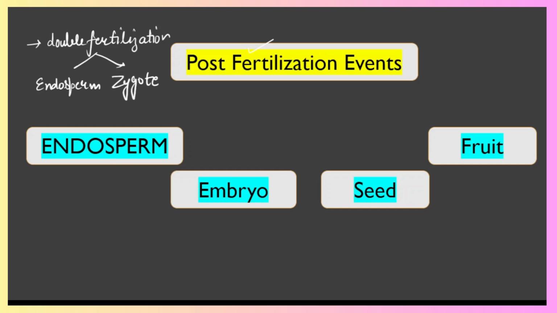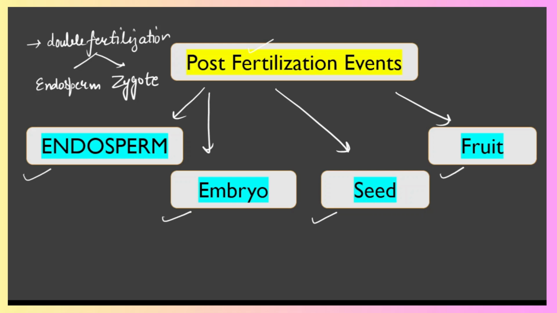Now under the post fertilization we have these events. First is the endosperm development, second embryo development, seed maturation, and formation of the fruit.